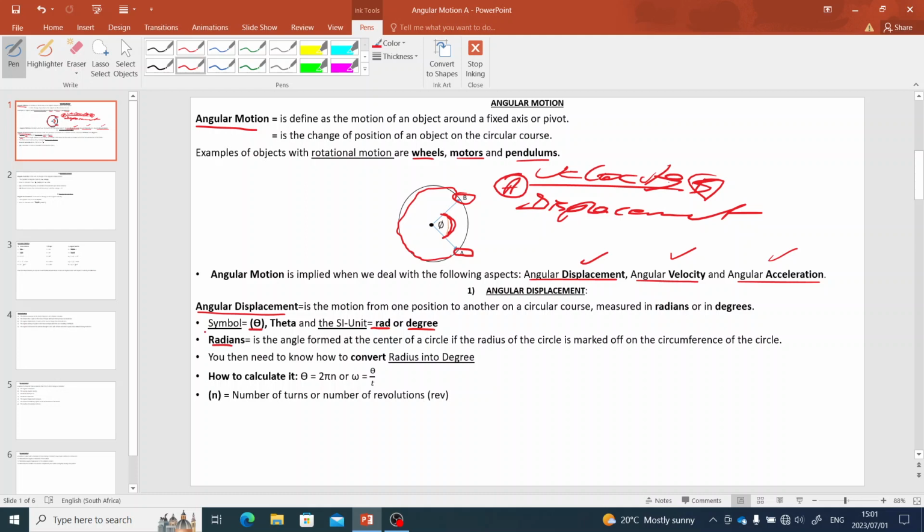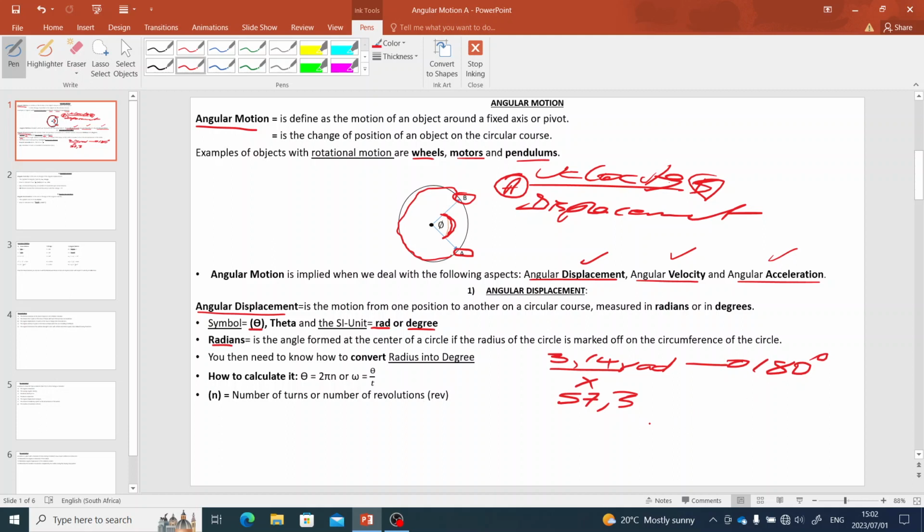Having said that the symbol is theta and the unit is radians or degrees, we then need to know how to convert radians into degrees. Let's say we have 3.14. This 3.14 is in radian form. Converting it into degrees, we have to multiply by 57.3, which gives us 180 degrees.